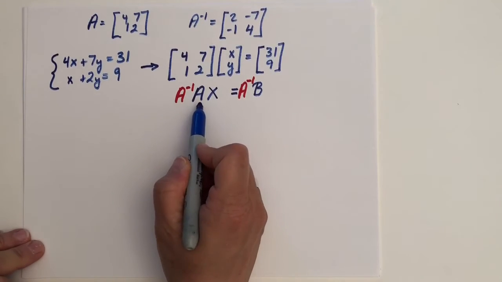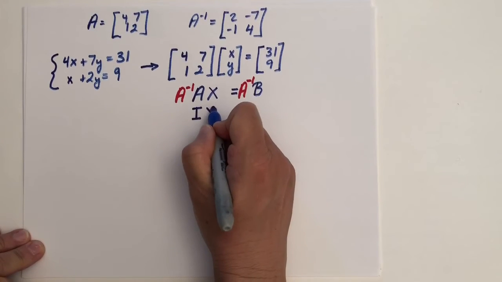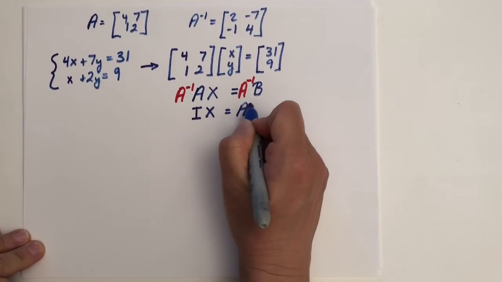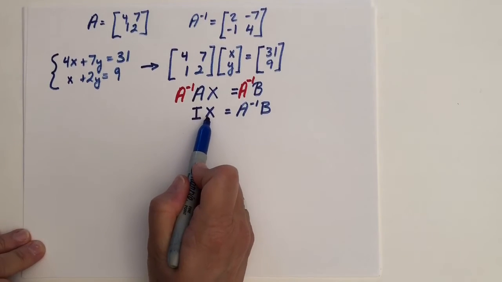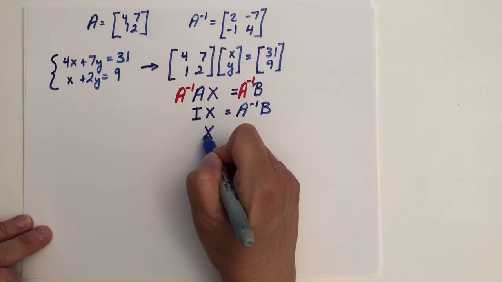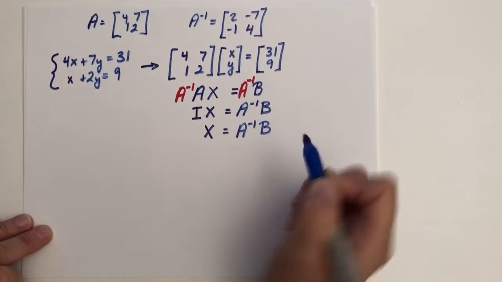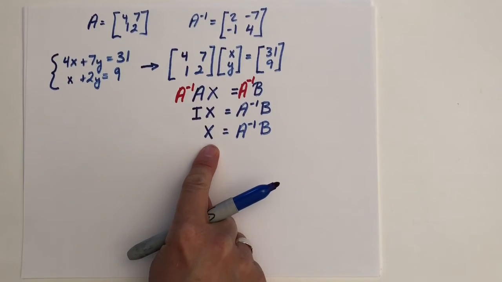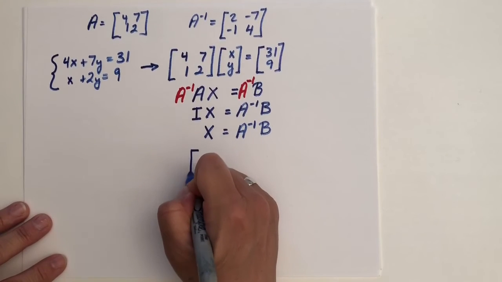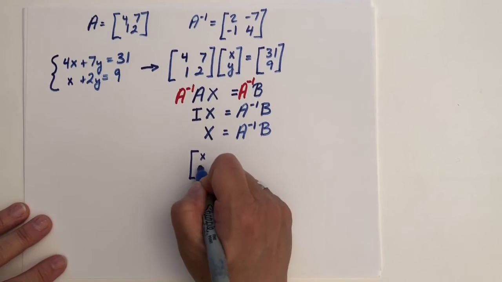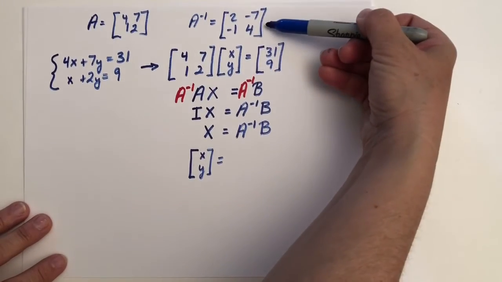So A inverse times A, we saw previously, that's just your identity. And your identity multiplied by any matrix just gives you that matrix back. So let's see what that means. That means for this particular system, the matrix XY equals A inverse, which we were told is this.